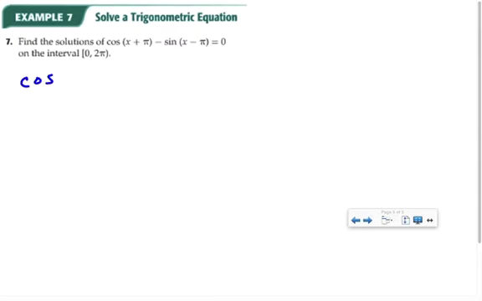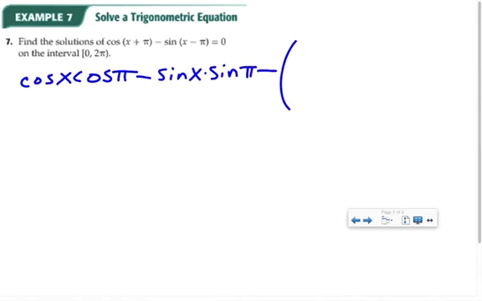That's the cosine of x cosine of pi minus the sine of x times the sine of theta minus the sine of x cosine of theta minus the cosine of x sine of pi. I think I may have slipped and said theta. Sorry about that. And all of this is going to equal 0.